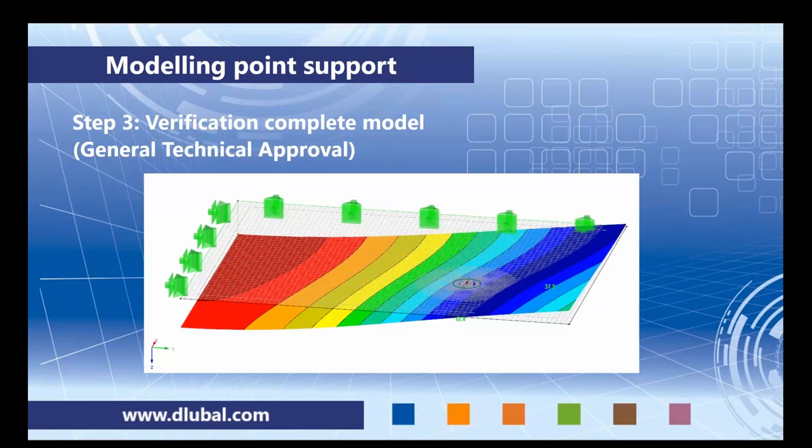The third step is a complete model combining the first and the second step in one model with one point support and the FE mesh refinement, so we get specified deformations and support forces for the verification of the model.